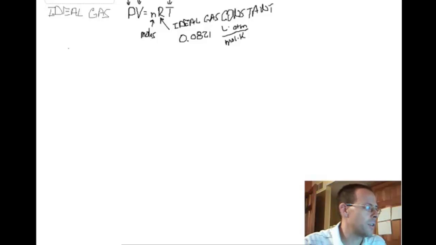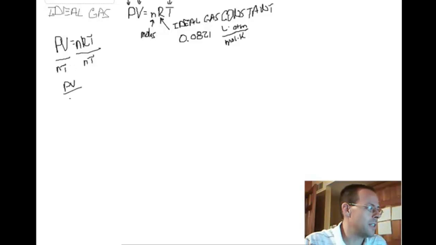Okay? So this comes about from this equation. So if we rearrange this equation to solve for R, so we have PV equals nRT. And if we want to get R by itself, we're going to divide both sides by nT. So really we have PV over nT equals R. Alright? And from that, I'm just going to put in standard values.